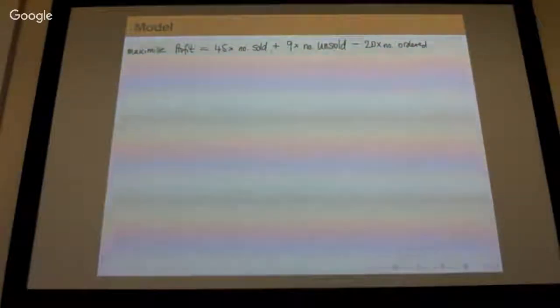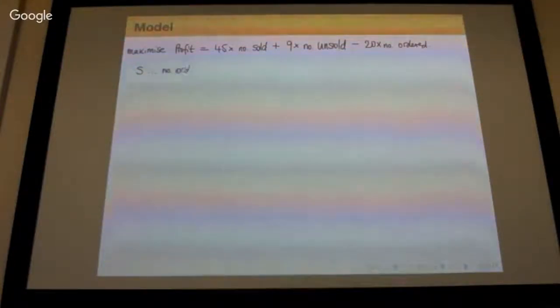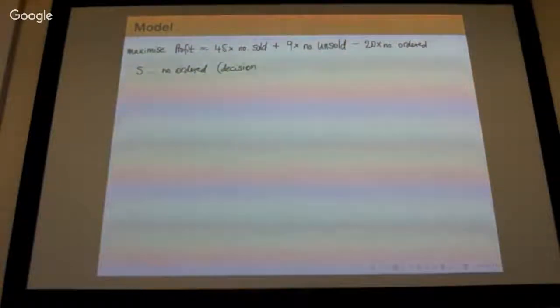So expressing this in terms of two things. S, which is the number ordered. So this is our decision variable, because what we're trying to do is decide how much we order.